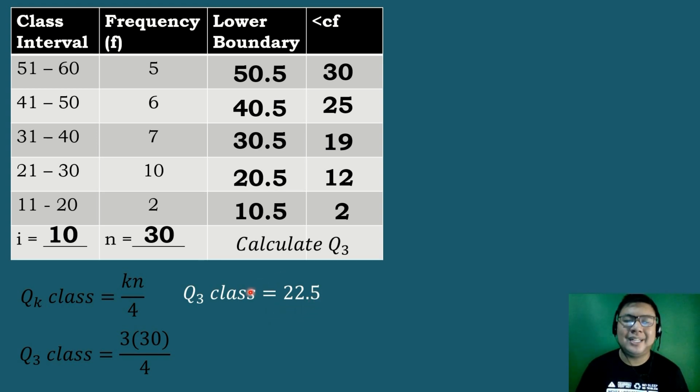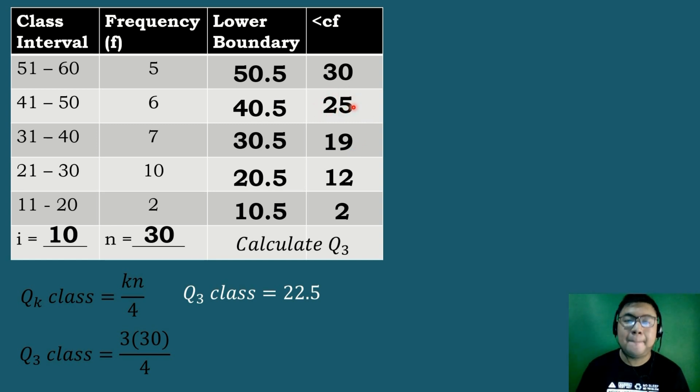So the quartile 3 class must be the class whose less than cumulative frequency is greater than or equal to 22.5. We will start with our first class. Obviously 2 is less than 22.5. Same goes with 12, and same goes with 19.